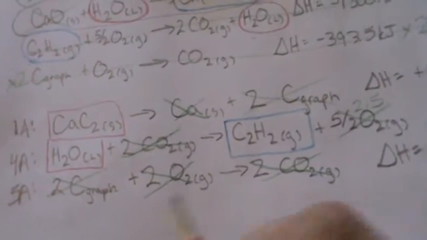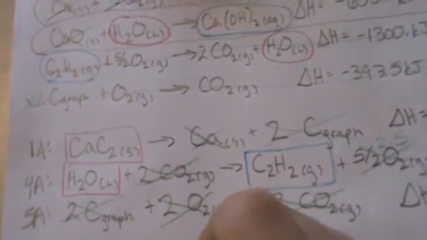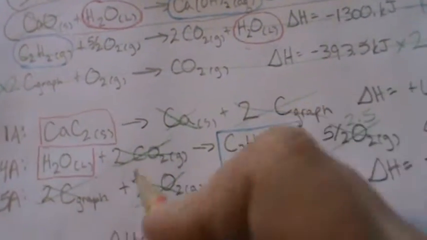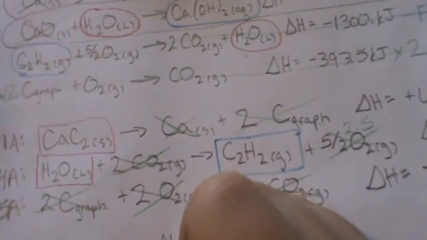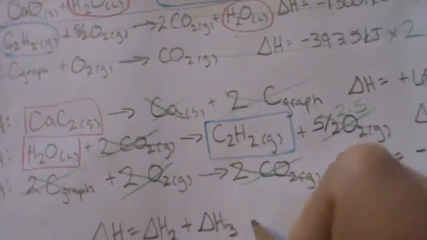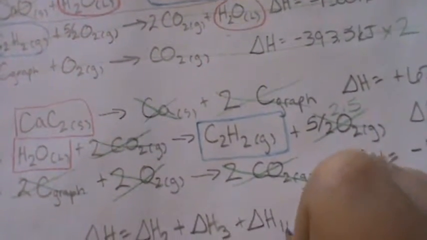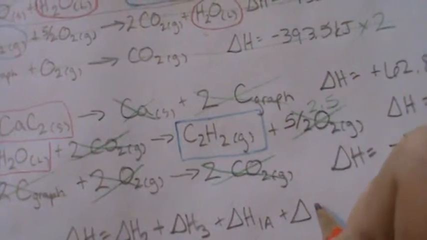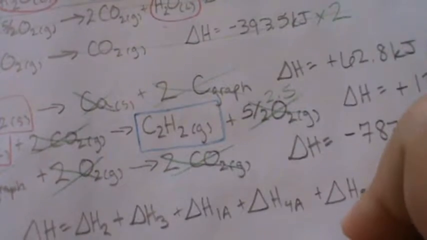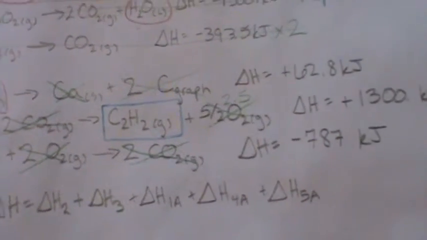So now my delta H for this final reaction is going to be the delta H for 2 plus the delta H for 3 plus the delta H for 1A, for 4A, and for 5A. I'm not going to rewrite all those, I'm just going to go through it.